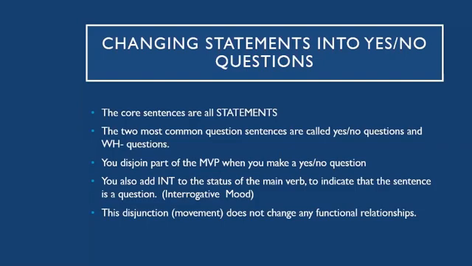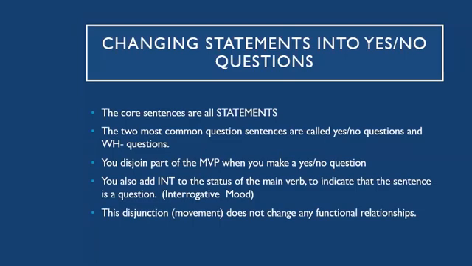So remember that the core sentences are all statements. What are the core sentences? The formulas. Do you remember? All the formulas that we have seen so far are based on statements. So those sentences stay in their natural order.